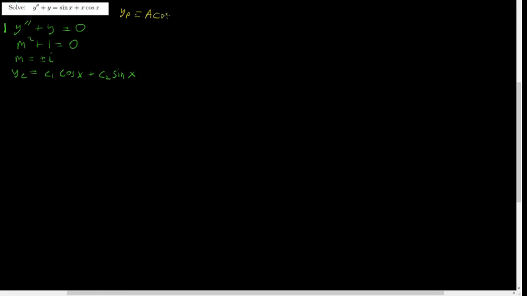So let's start with a cosine x plus b sine x, right? And then, since we have x cosine x, now we need a cx cosine x plus dx sine x.